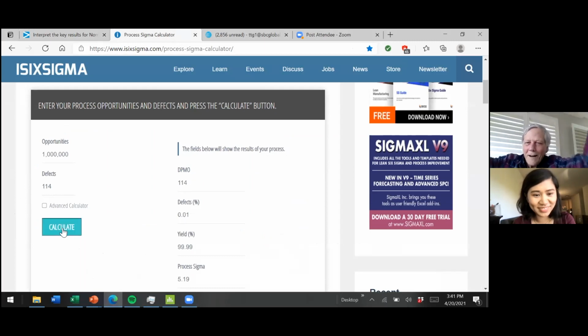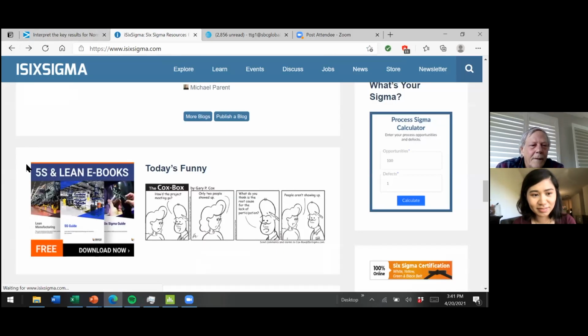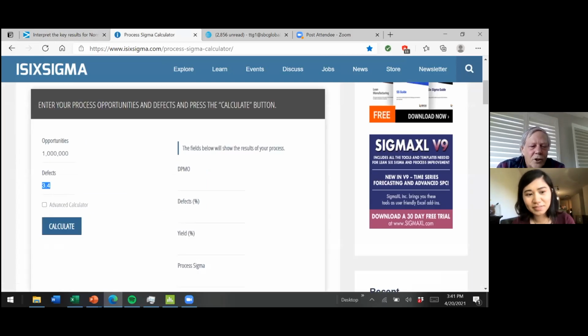Woohoo, 5.19. Okay. Almost 6 Sigma, because they're just really liberal on their requirements. Now, you remember this one. I'll go forward. Okay, so with the 671, 738, we ended up with 1.06.